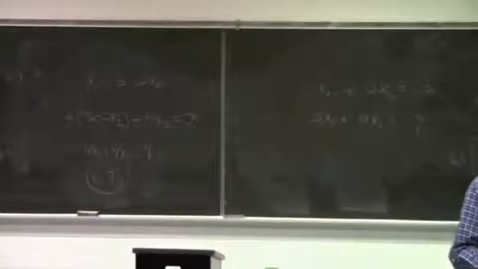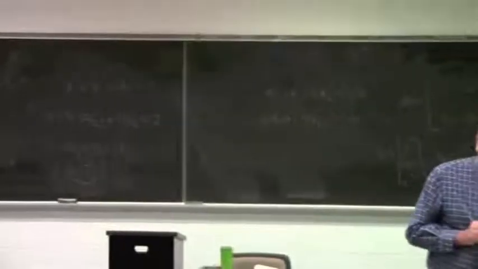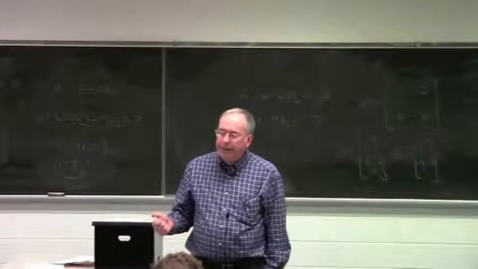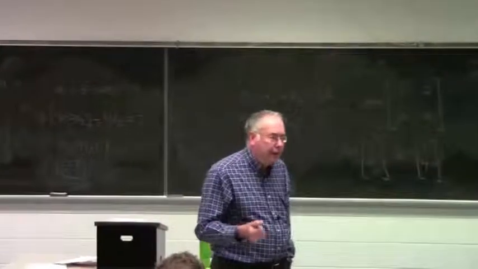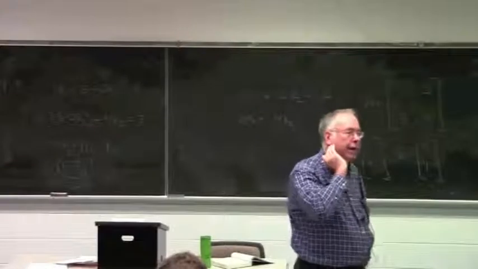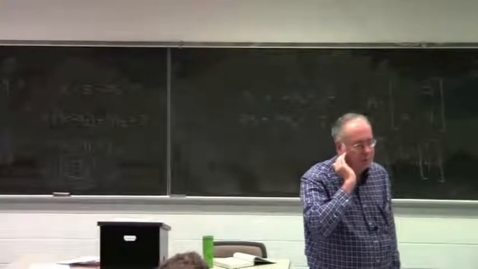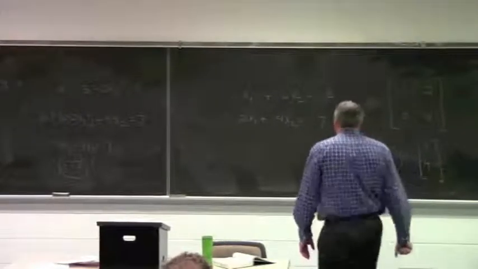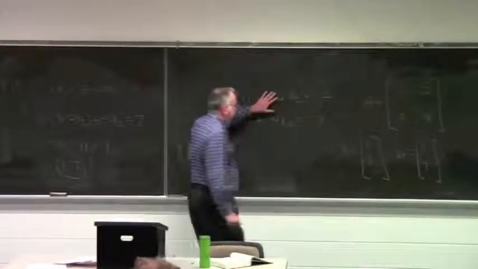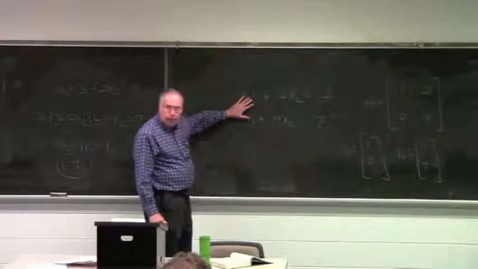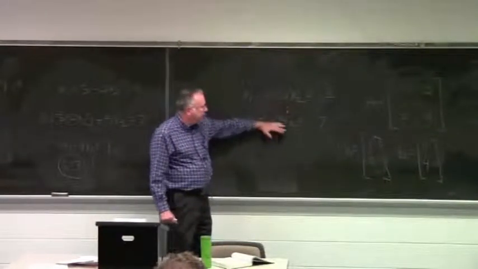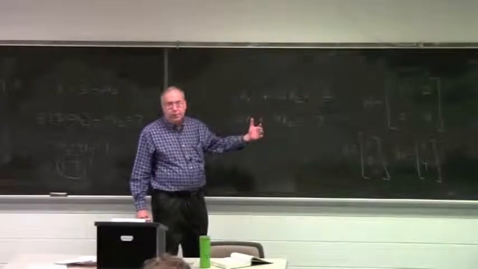Obviously, 6 does not equal 7, does it? So what does this mean when you get a nonsensical result like this? What does it mean, Jonna? There's no solution. See, when you try to solve an equation system like this, you assume that there are values of x1 and x2 that will simultaneously satisfy both equations.